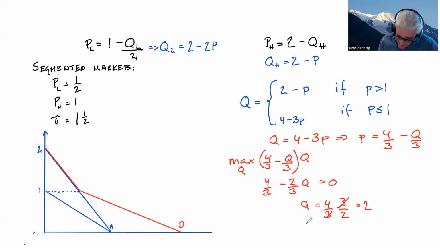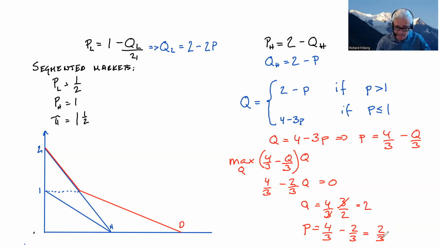Okay, and price is what? Well, plugging 2 into this expression, 4/3 minus 2/3 gives us an optimal price of 2/3.